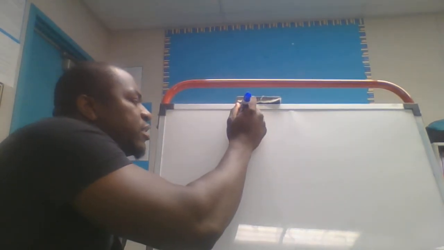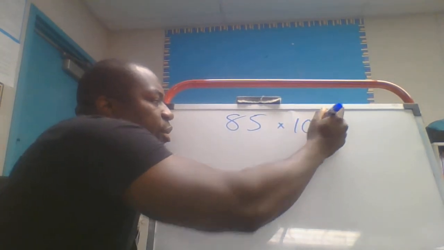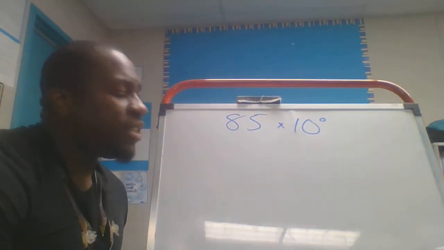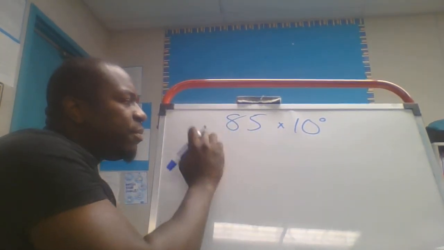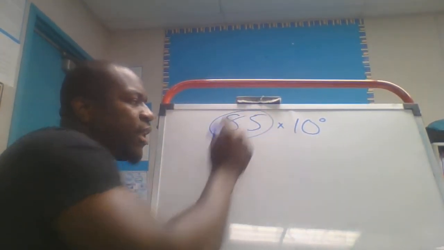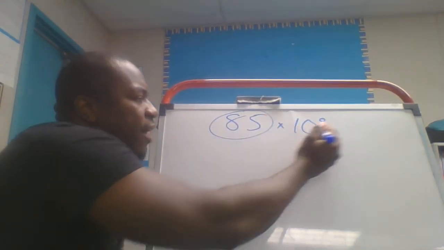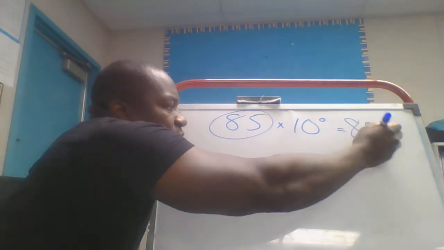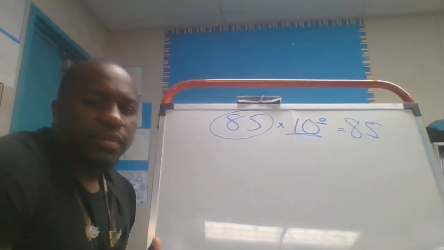So when you have, let's say we have 85 times 10 to the zero power. Whenever you see something times 10 to the zero power, it's just going to be whatever this number here is on the left hand side. So this 10 to the zero power is the same as 1. So 85 times 1 gives us 85. So whenever you see 10, anything to the zero power, it's 1, right?